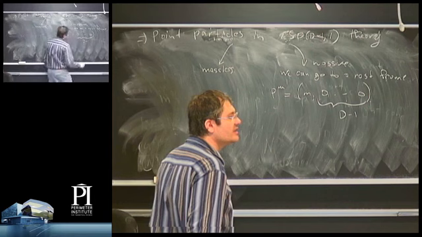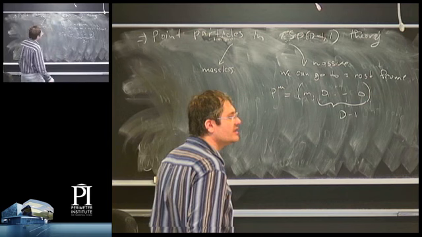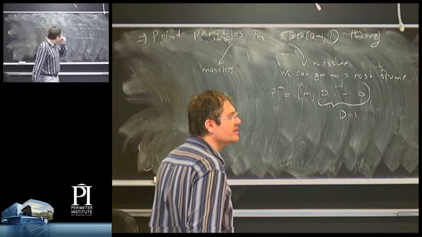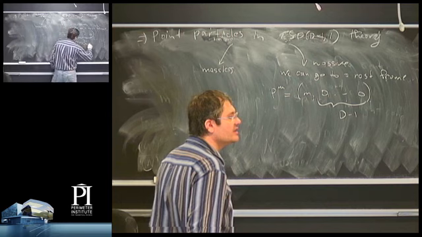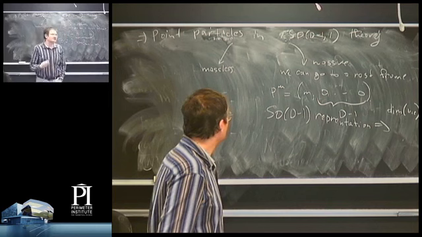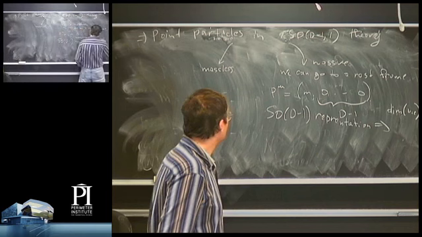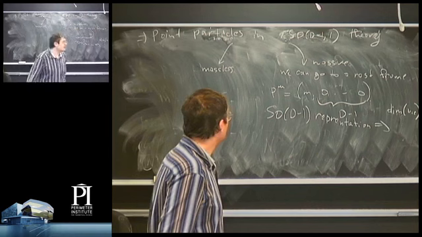So there will be d minus 1 unbroken generators of the Lorentz group. In this rest frame, the particle must be in an SO(d minus 1) representation. The lowest representation here is the vector representation, and the dimension of the vector representation is d minus 1.